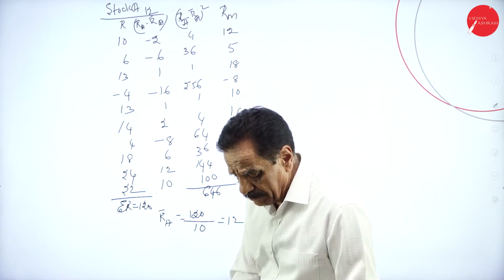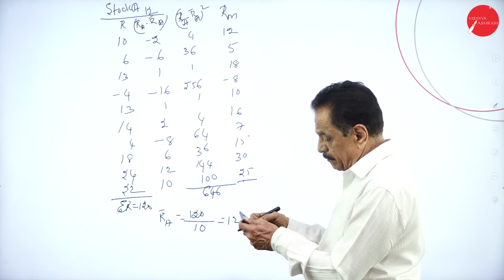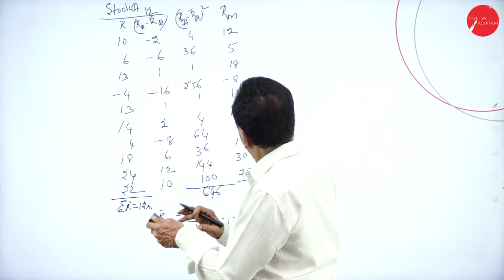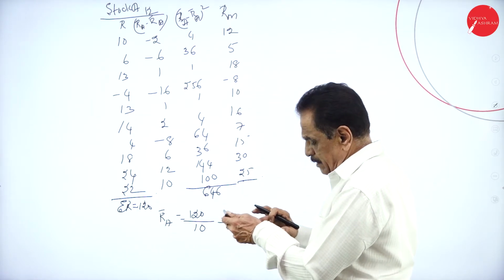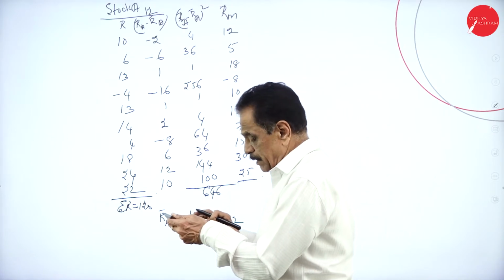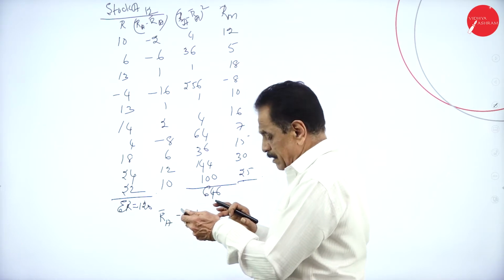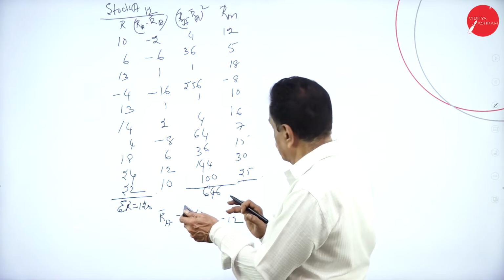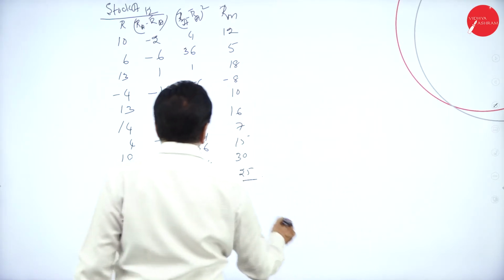Add the figures. 12 plus 5 plus 18 plus 10 plus 16 plus 7 plus 15 plus 30 plus 25 minus 8 is 130.